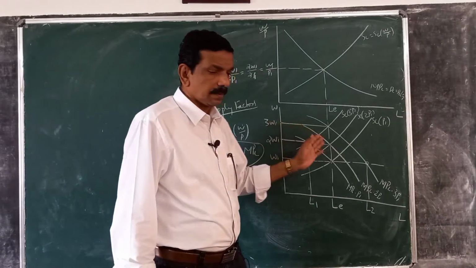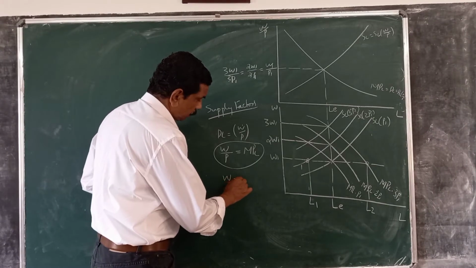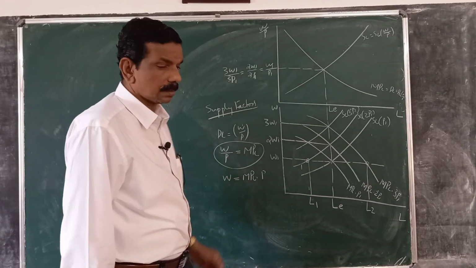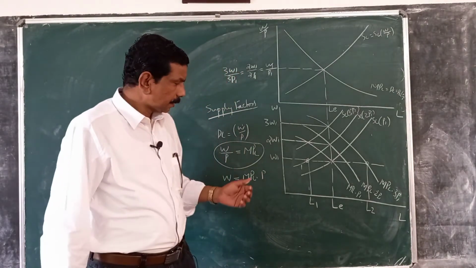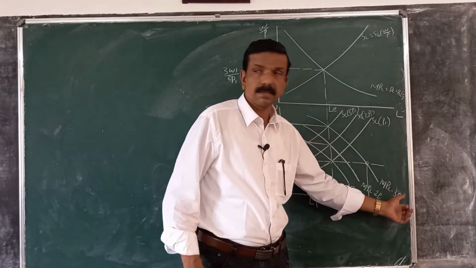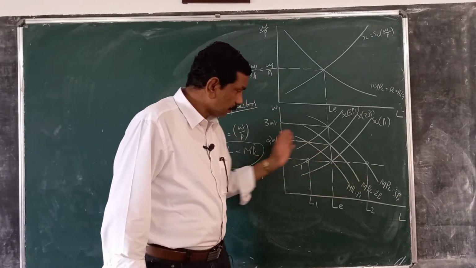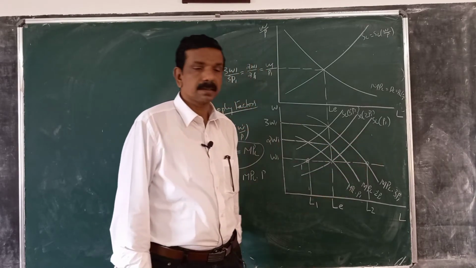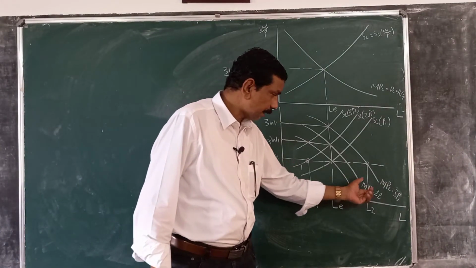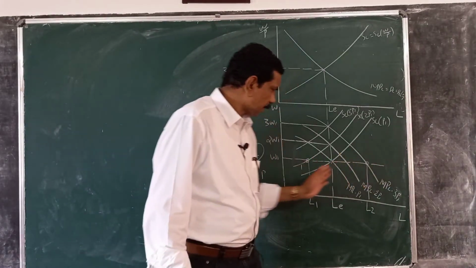Given the money wage W, the employment is given as W is equal to MPL into P. And at successively higher levels of P, as P1, 2P1, 3P1, etc., the labor demand curve plotted against the money wage shifts towards the right. The reason is that at a given money wage, a higher price means a lower real wage. So, more labor will be demanded at any money wage.